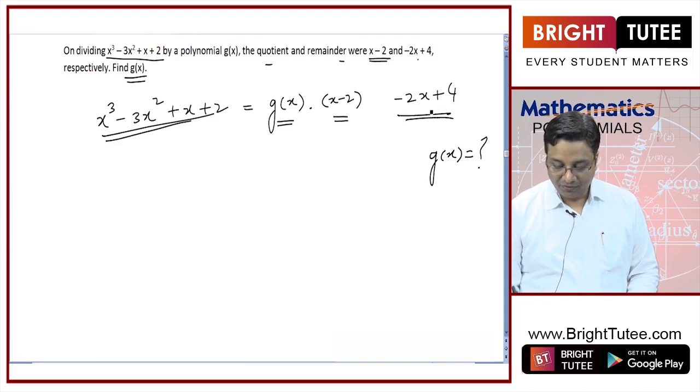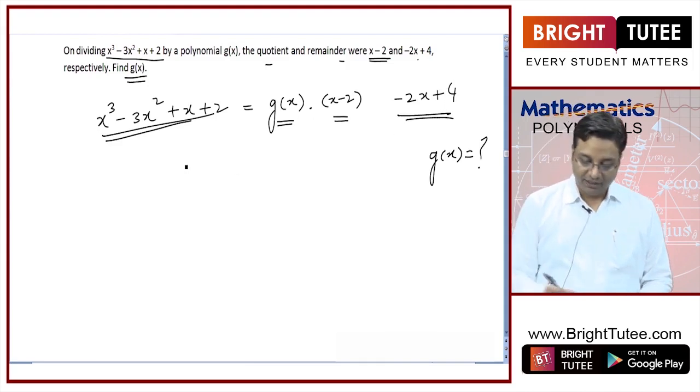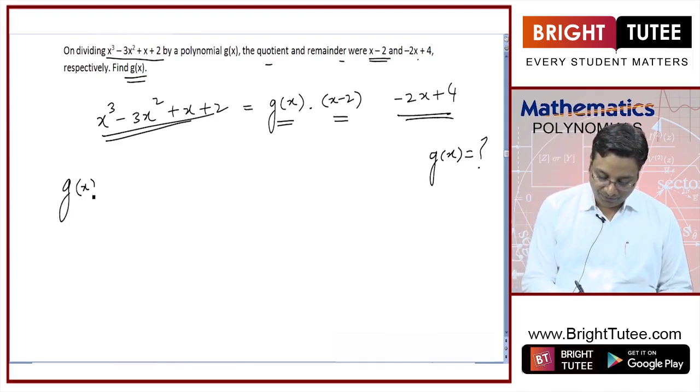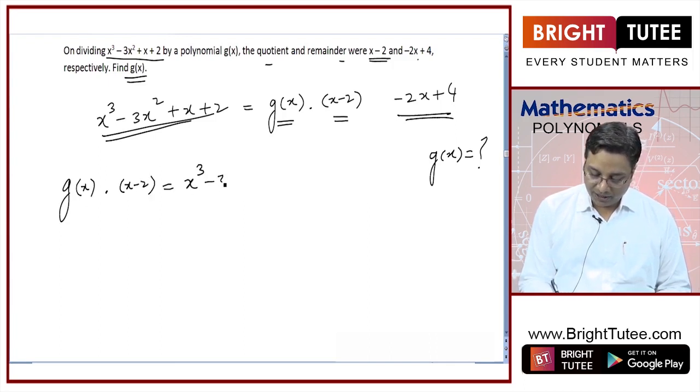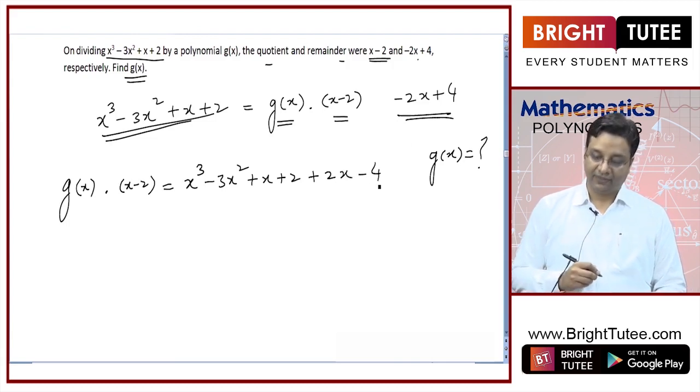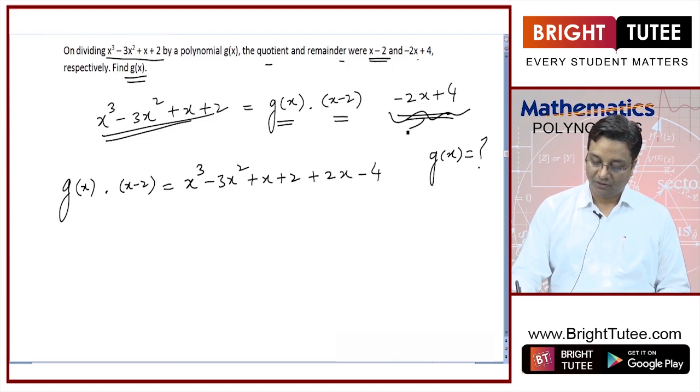So let's take rest of the terms to the left hand side. So gx into x minus 2 will be equal to x cubed minus 3x square plus x plus 2. When I take minus 2x there, it will give me plus 2x, plus 4 will become minus 4, right? I have just taken it on this side.